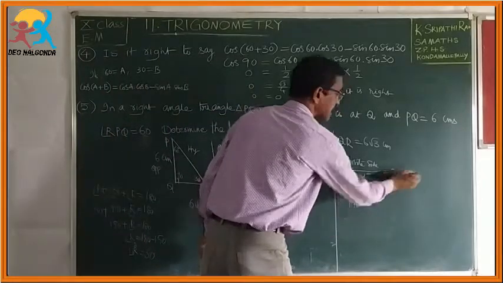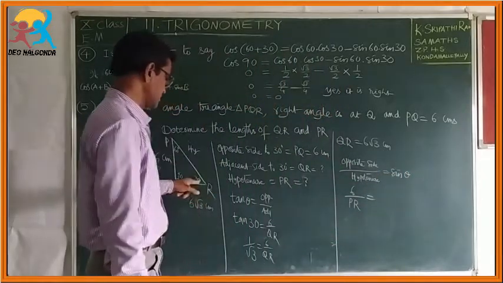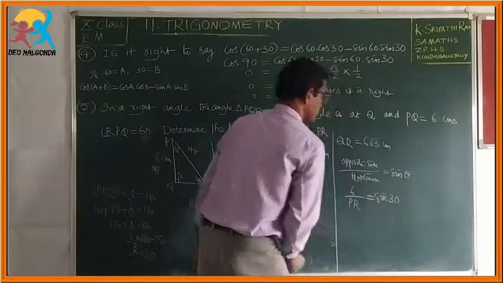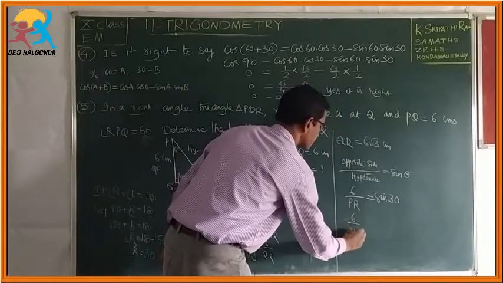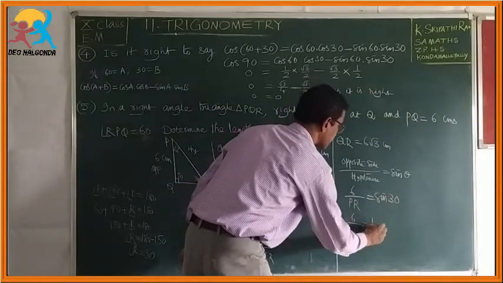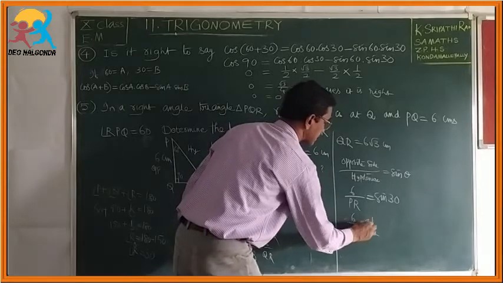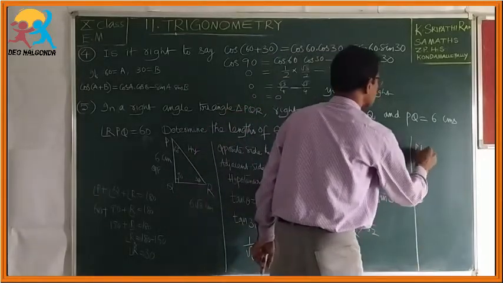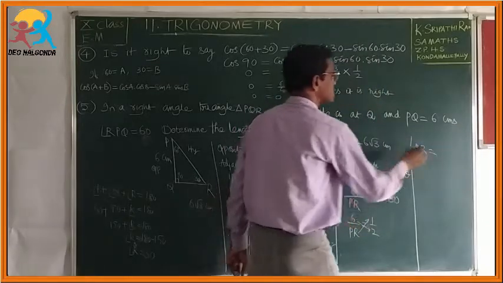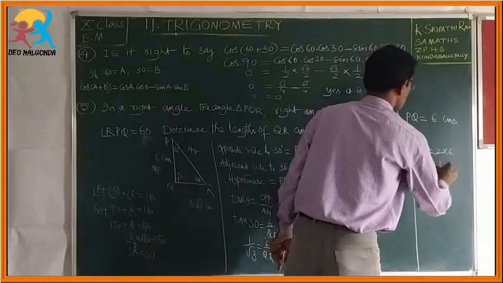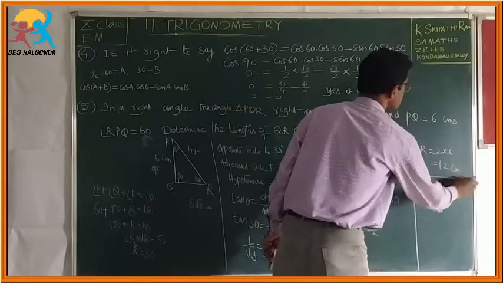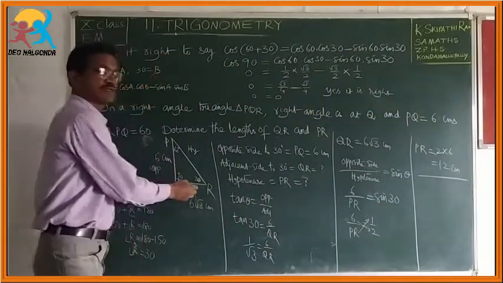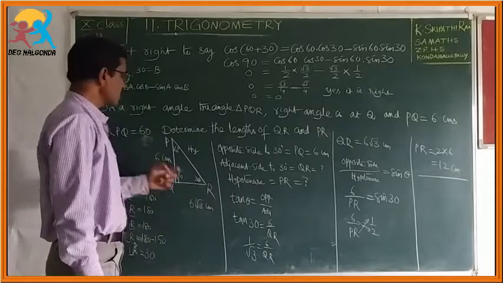Then sin theta, theta is equal to 30 degrees, sin 30. 6 by PR is equal to sin 30, 1 by 2. Now cross multiply like this. From this you will get PR into 1, PR is equal to 2 into 6, that is equal to 12 centimeters.